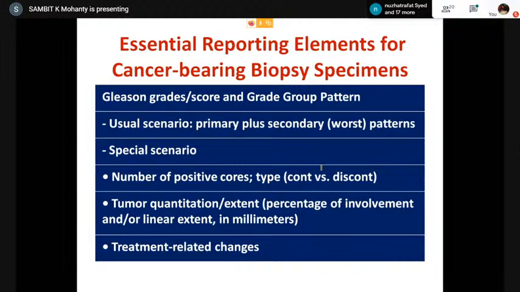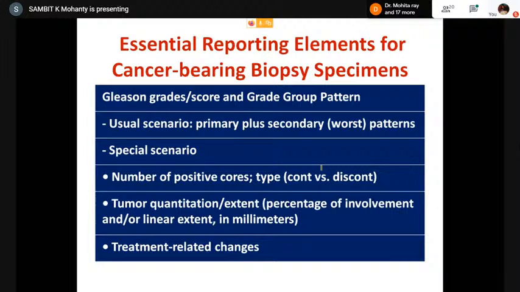Suppose there is a 0.2 centimeter focus at one end and a 0.2 centimeter focus at the other end, and there's a big gap of normal benign stroma and gland. So I say they span 1.2 centimeter, they are discontinuous, and the entire length is 1.5 centimeters. You have to make it very clear.